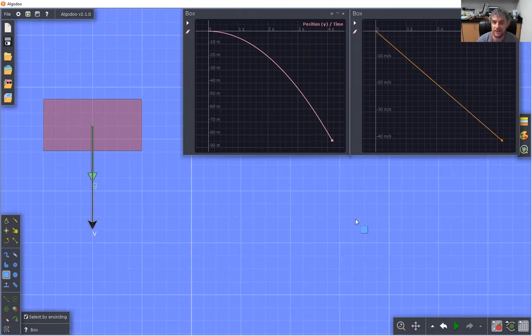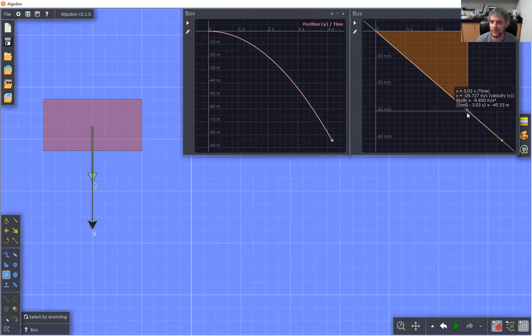If it has a negative slope, it has a negative acceleration. Let's look at the values here. After 1 second, the object is moving at approximately negative 10 meters per second, because it is traveling downward. After 2 seconds, we're pretty close to negative 20 meters per second.